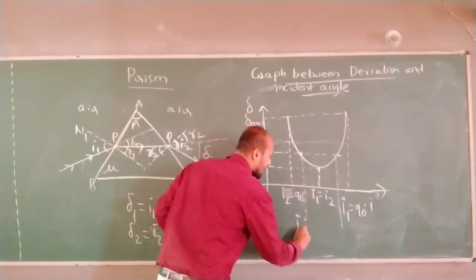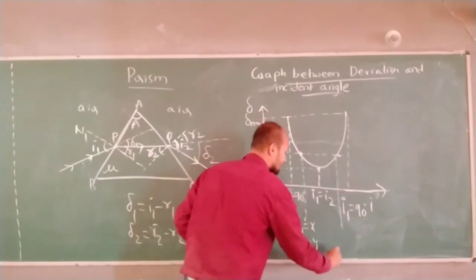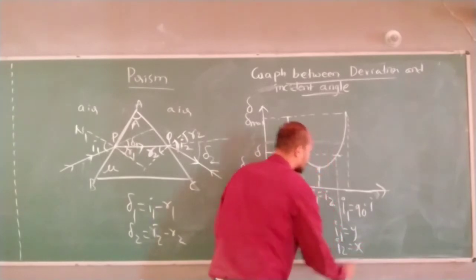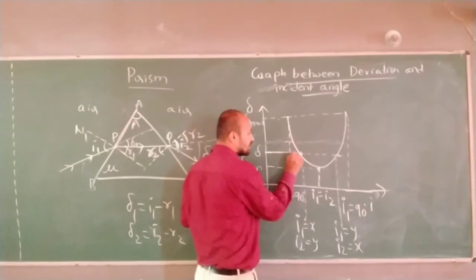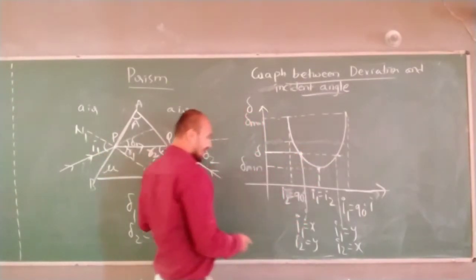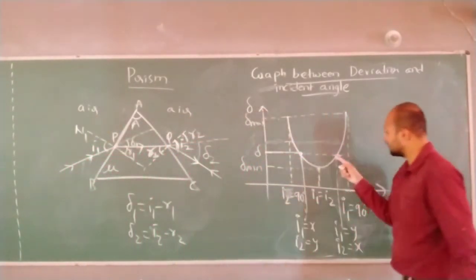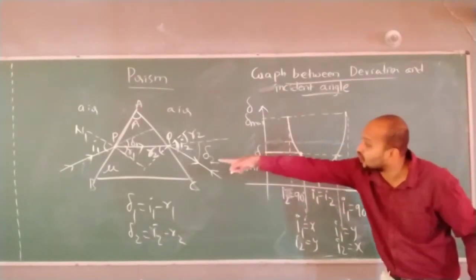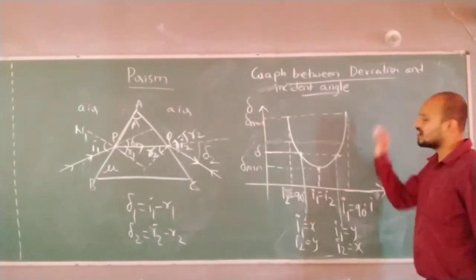If I take here I1 was x, I2 was y, in this case I1 will become y, I2 will become x. This is what the angle change will be. For a particular deviation, if angle I1 was x and I2 was y, again for the same deviation, if you reverse the ray, I1 will become y and I2 will become x. Analyze this.